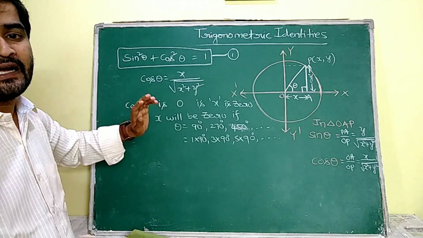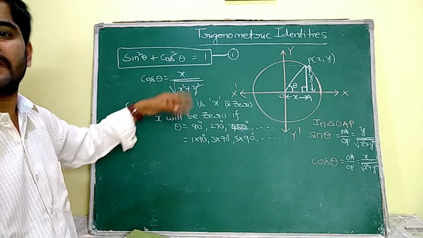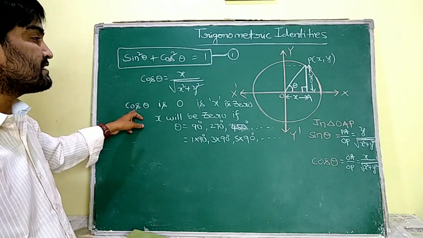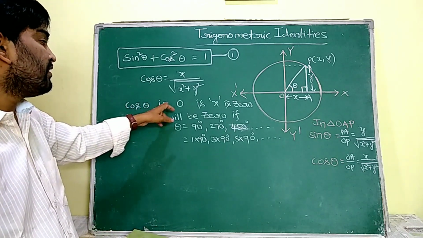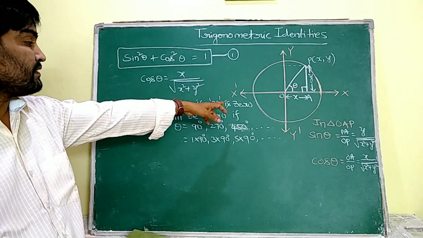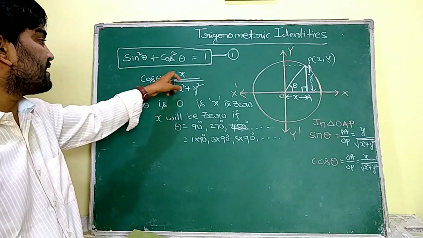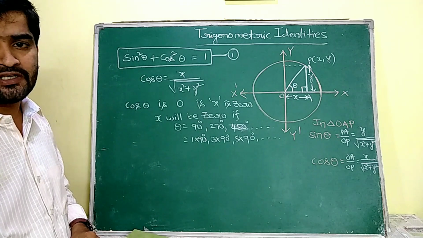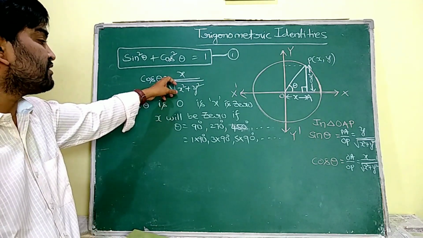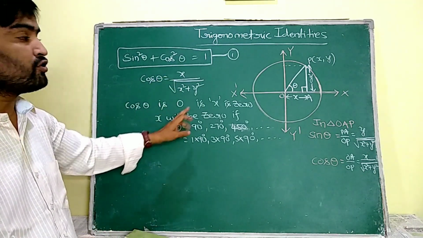Now I have to check at which values cos theta becomes 0. See, cos theta will be 0 if x is 0. Now x will become 0 at theta equal to 90 degrees.